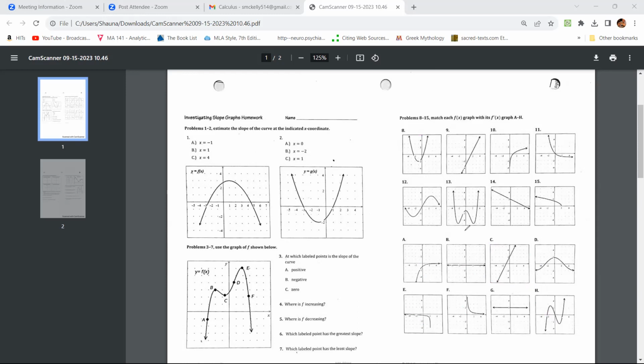Now, 13. How many horizontal tangent lines does number 13 have? 2. No. Tell me where they are. Okay. Where are they? -2.